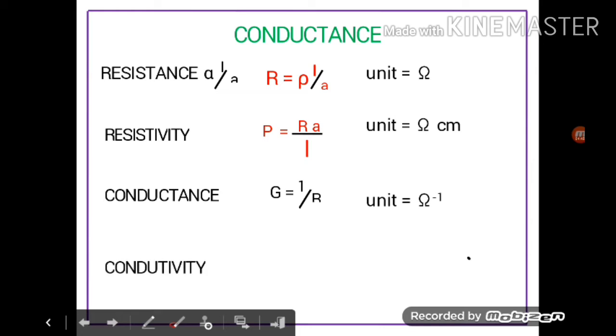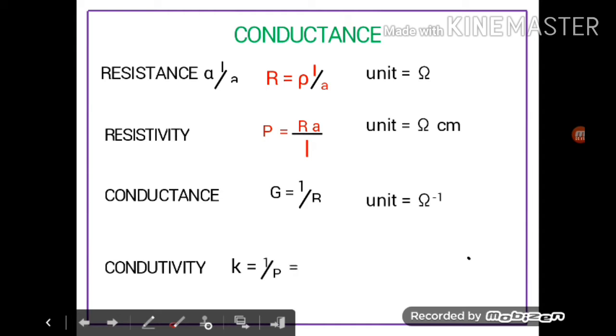Now the next term is conductivity. So what is conductivity? From the above equation you can see G is equal to 1 by R. Conductivity is denoted as kappa. As the inverse of resistance is conductance, like that the inverse of resistivity is known as conductivity. So conductivity kappa is equal to 1 by rho.